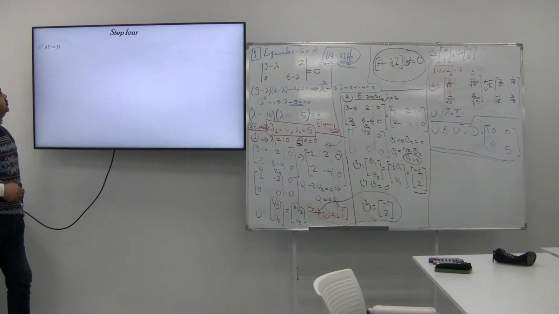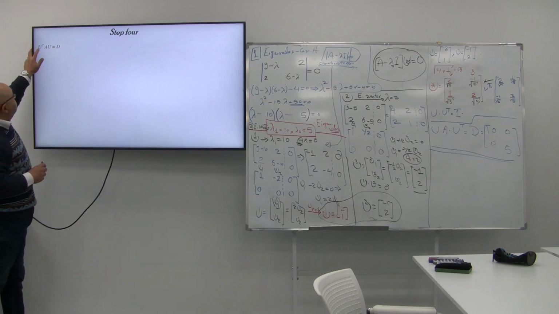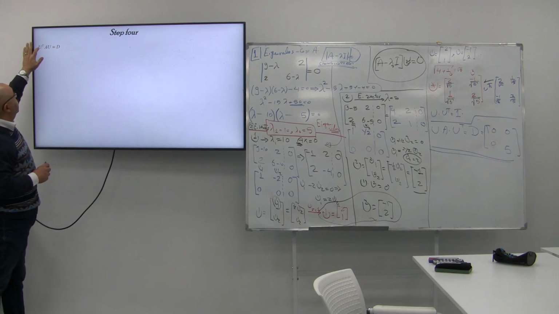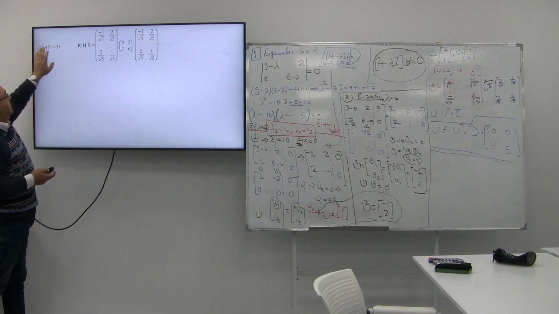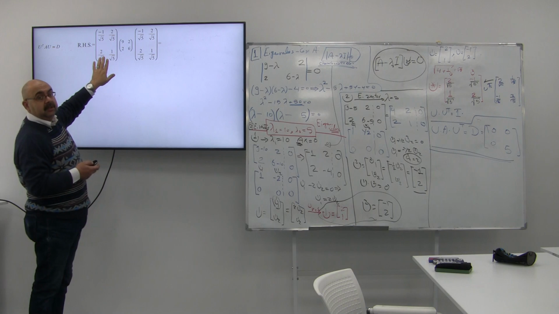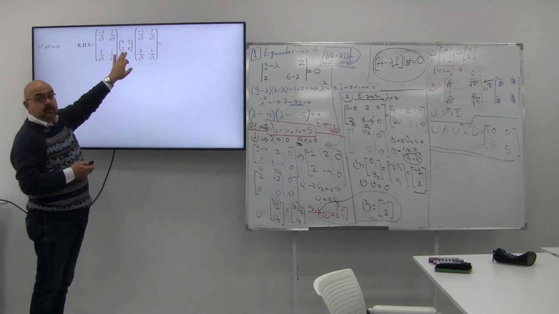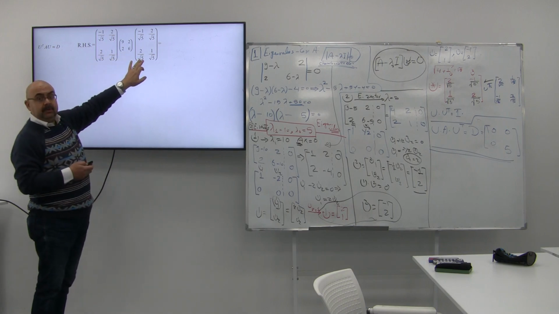If I want to make a diagonalization for this matrix, all I have to do is to get U transpose times A times U, or U inverse times A times U, where U stands for the eigenvectors matrix. Once more, this is the A matrix that we started with, and that's its transpose.